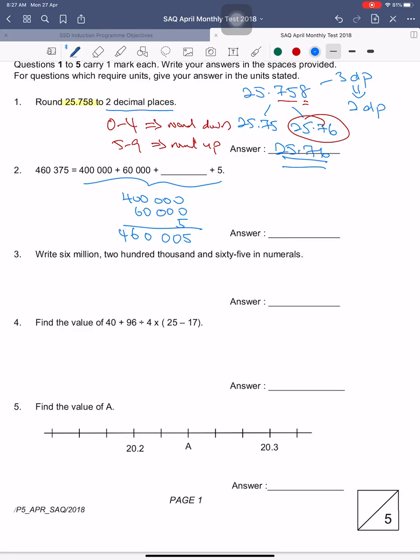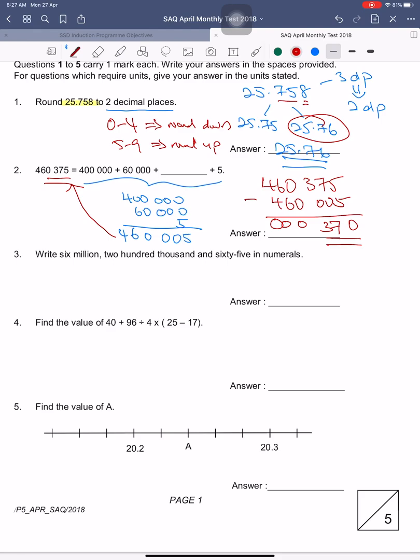If you compare with this number, find the difference. So you will have to get this number minus away 460,005. So the answer is 360. Sorry, 370. So the answer is 370. That is the missing number.